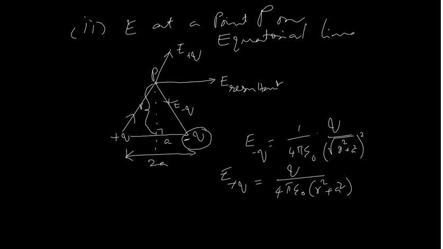So as I said, if I have to talk about how I get this resultant, the total electric field, you see that, right? They have written E is equal to E plus Q vector plus E minus Q vector.